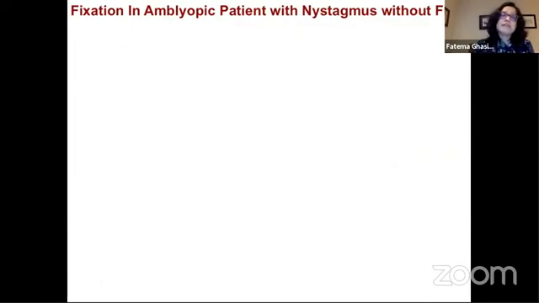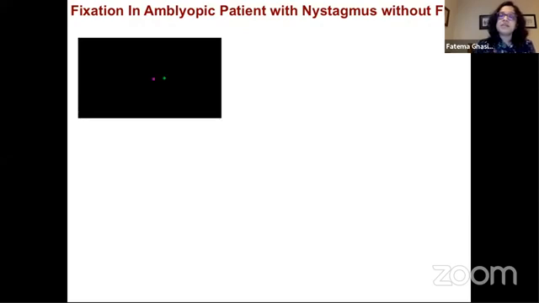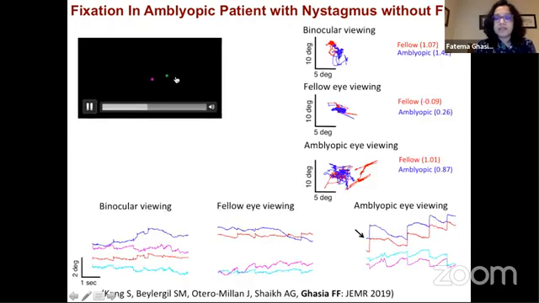Now, we found that there are patients with amblyopia who have nystagmus, but they don't fit the criteria of FMN. These patients are different from those with congenital motor nystagmus, because they do not have the increasing velocity waveform that you see with congenital motor nystagmus. So here's an example of one such patient who had nystagmus but did not meet the criteria of FMN.